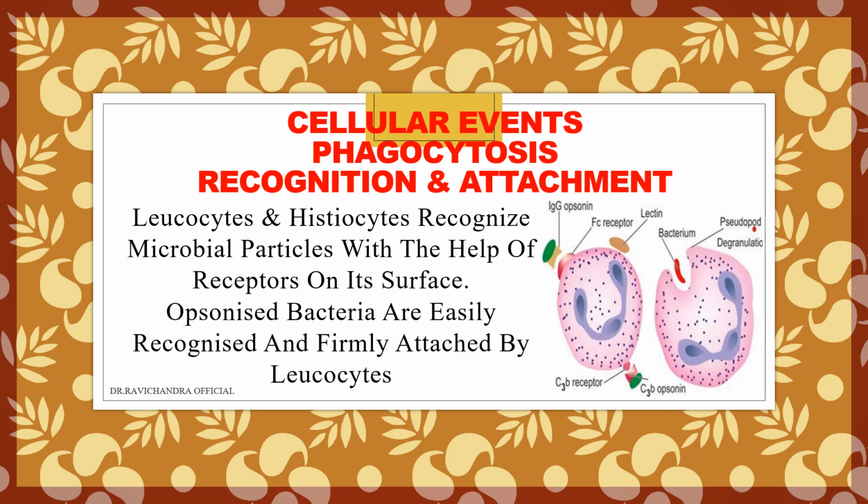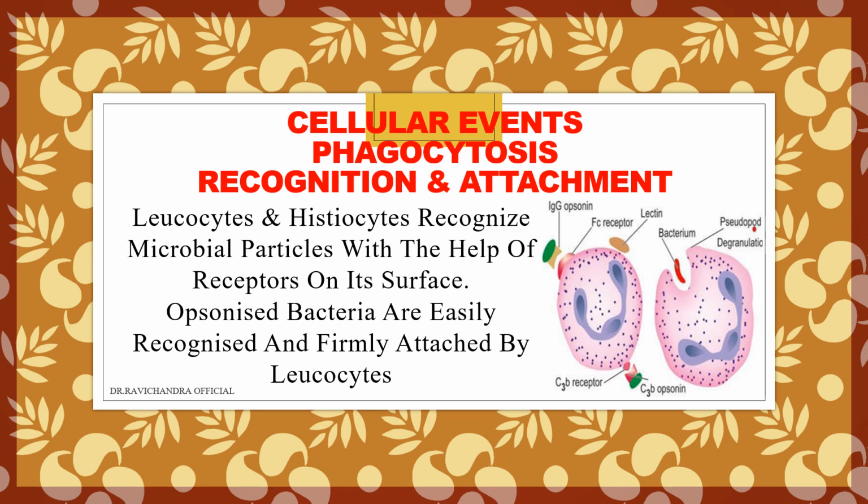Recognition and attachment: leukocytes and histiocytes or macrophages recognize the microbial particles with the help of receptors on their surface. Then there will be opsonization. Opsonized bacteria are easily recognized and firmly attached by the leukocytes. C3b receptor and C3b opsonin.